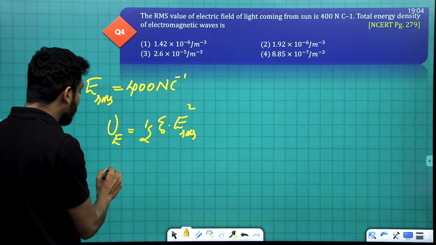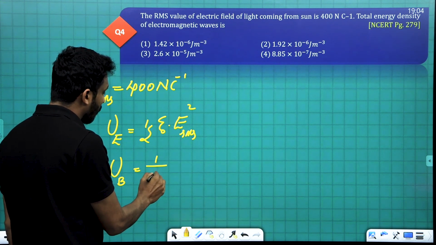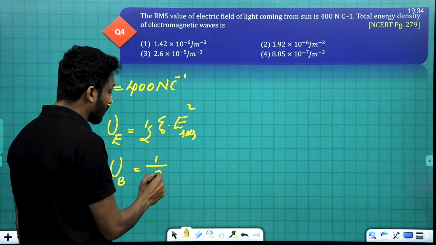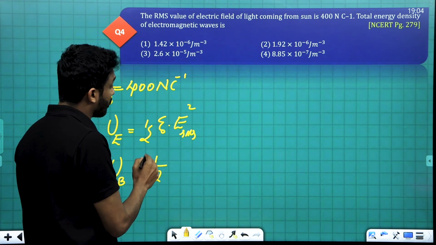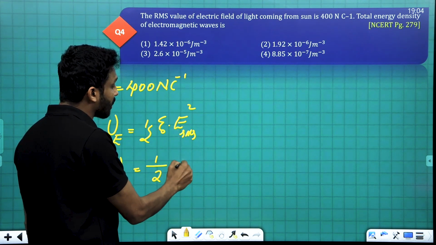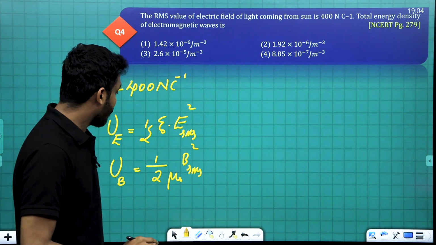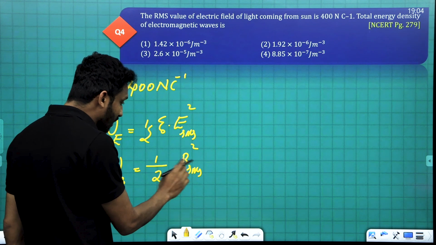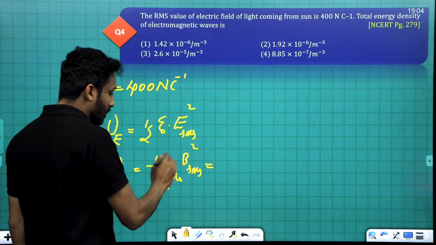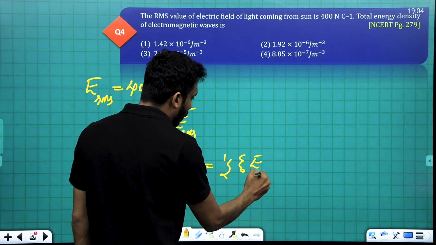And the energy density contained in the magnetic field is half, but instead of epsilon 0 here it is 1 by mu 0, and instead of E RMS it is B RMS square. But it is proved that this result is also equal to this one. Both of these quantities are equal. So this is also equal to half epsilon naught E RMS square.